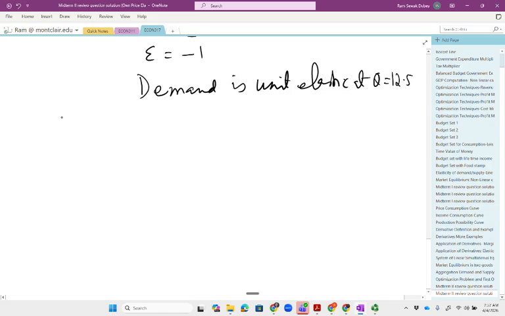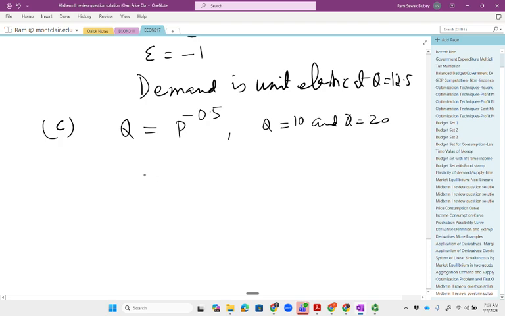Now I go to the last part, the third one, where the demand is given as q equal to p to the power negative 0.5. And then we have to compute the elasticity for q equal to 10 and q equal to 20.